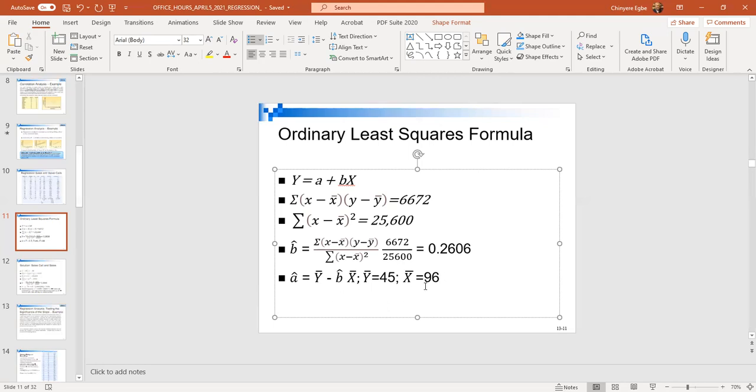And so A hat is equal to Y bar, which is 45, minus B hat times X bar. B hat is 0.2606 times X bar, which is 96. So what number do you get?